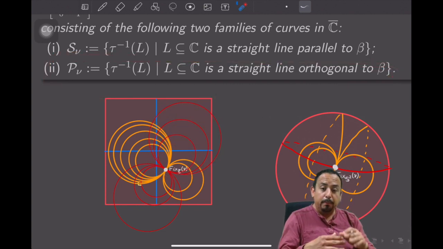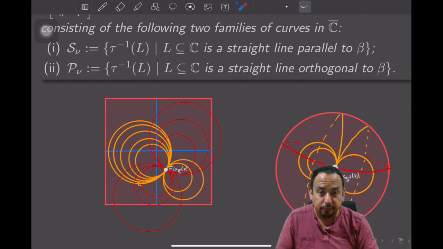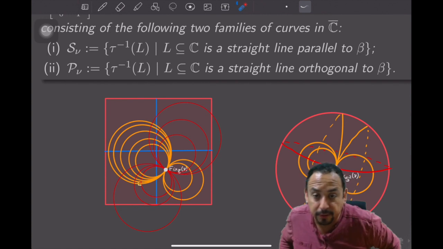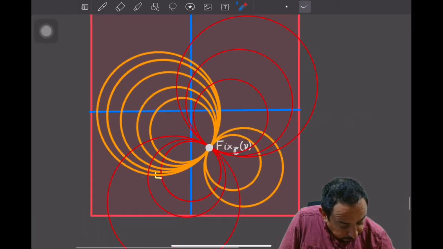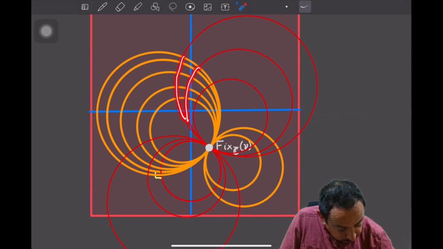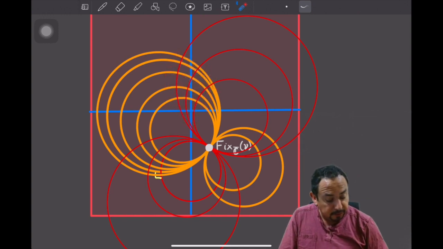So actually, nu permutes the family of red circles, right? And all the behavior is organized in a grid, right? Kind of in this grid that you can see when you consider them at the same time, right?